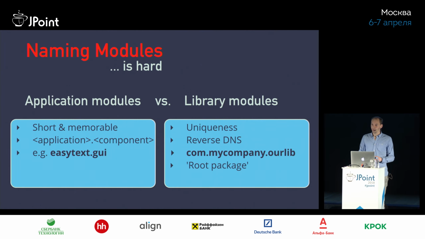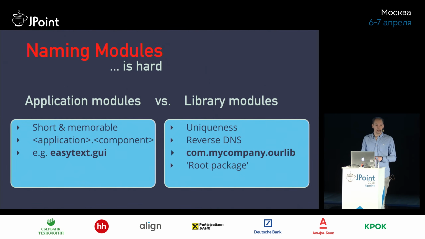So a tried and true pattern there is to use the reverse DNS notation, and this is also recommended for libraries. So you will get something like com.mycompany.rlimp, and this name of the module is typically what we call the root module, the root package of this module. So this is the longest shared prefix of all packages that are in your module.